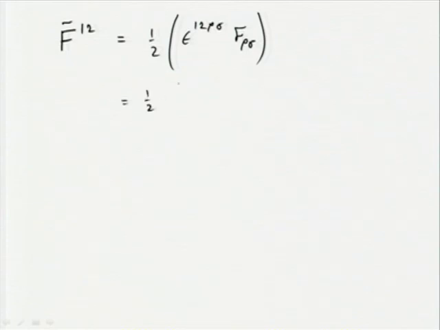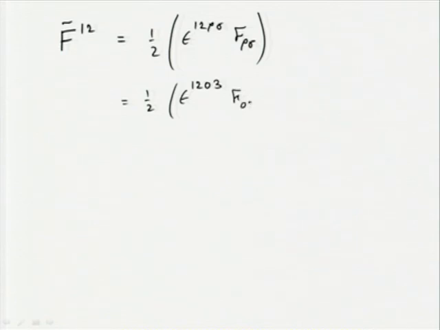And F tilde 1 2 is equal to half epsilon 1 2 rho sigma F rho sigma, where 1 and 2 are fixed. What are available? Rho could take 0 or 3. Let us take it to be 0 to start with. Then sigma is 3.